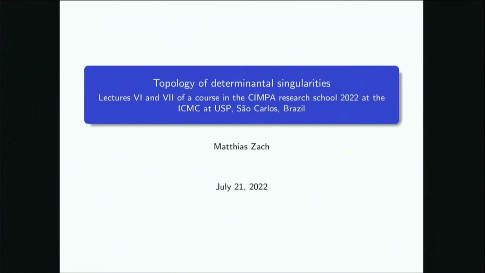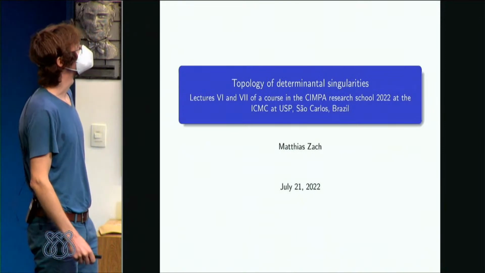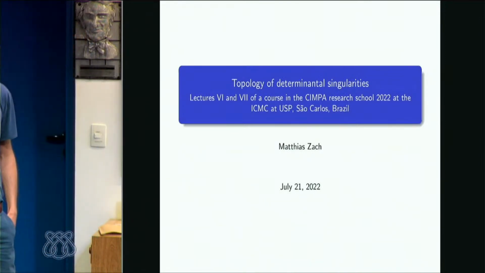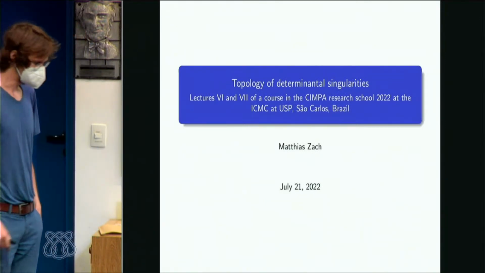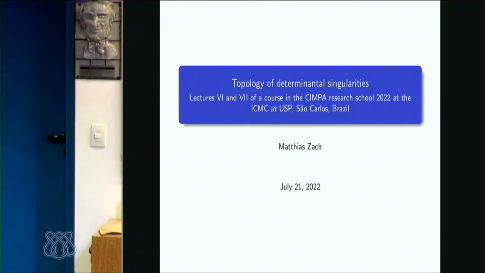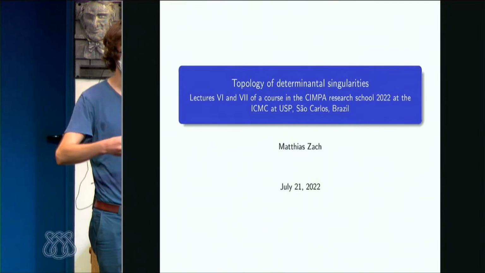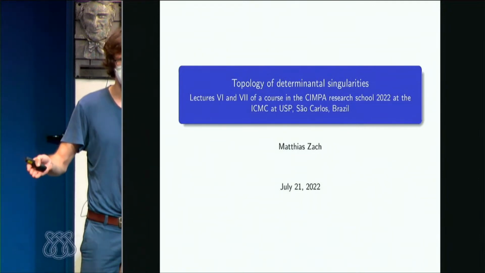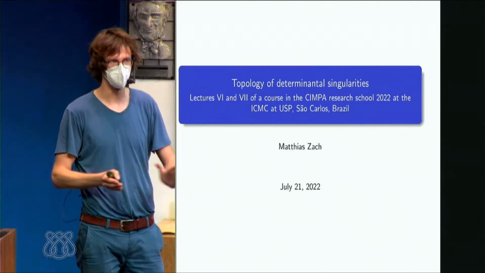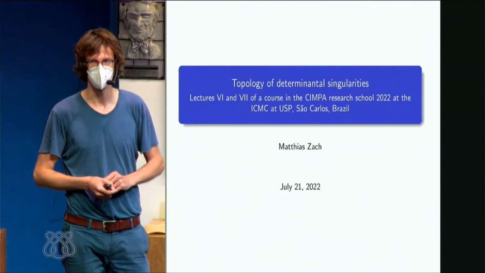So I will take over with the follow-up lecture for the moment, and we'll speak about the topology of determinantal singularities. The topology of determinantal singularities is particularly interesting because it's widely open what can happen if you smoothen a determinantal singularity.